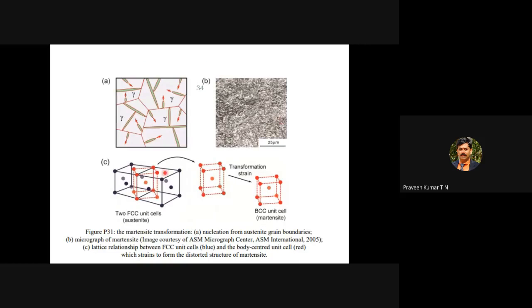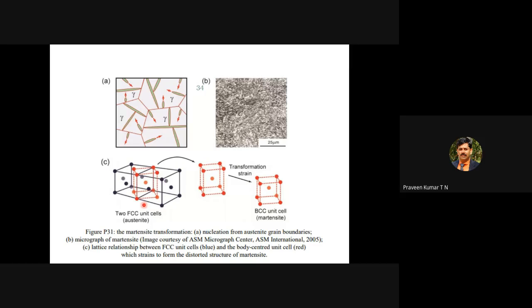So now you can see we have FCC structure, and how it is transformed to BCC structure. This is the FCC structure. At the midpoint of the FCC structure, there is a rearrangement of the atoms. It is not like magic. During solidification, within the solid state, the atoms will move.